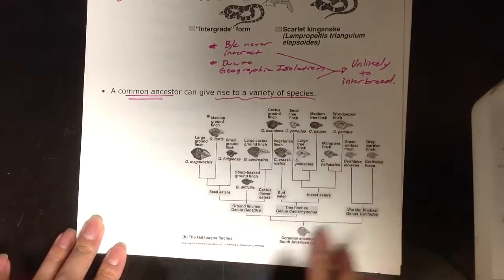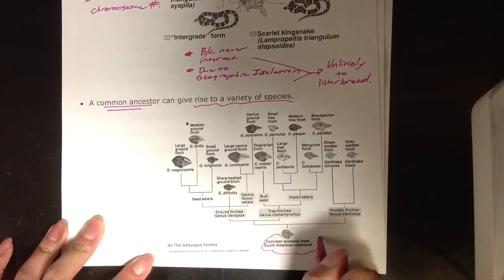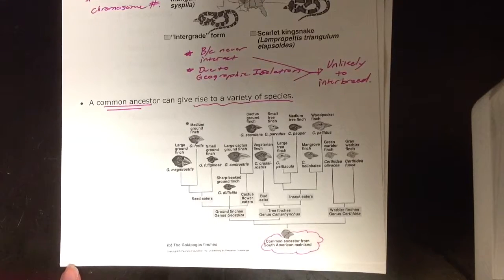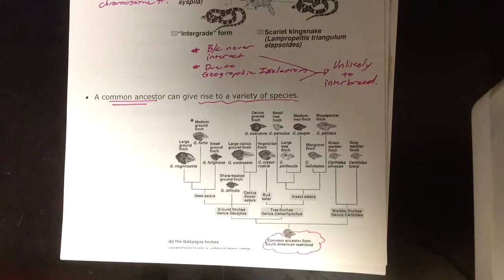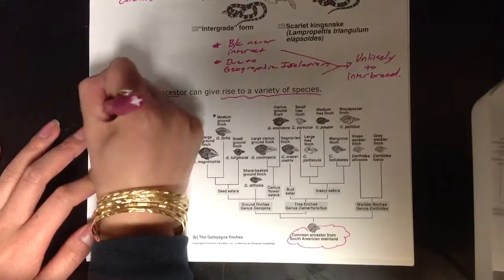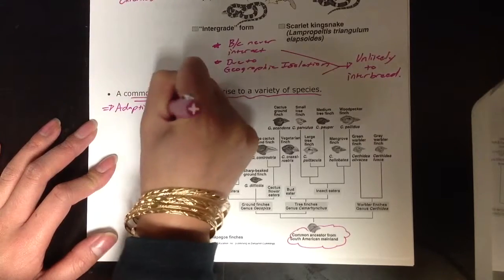What you see here are finches, and with the finches you had a common ancestor that came from mainland South America. When these finches arrived at the Galapagos Islands, the islands had some very diverse conditions. I'll tell you now that this is called adaptive radiation.